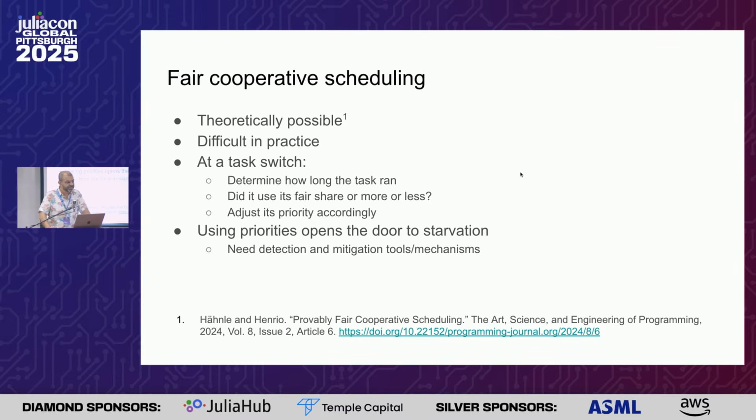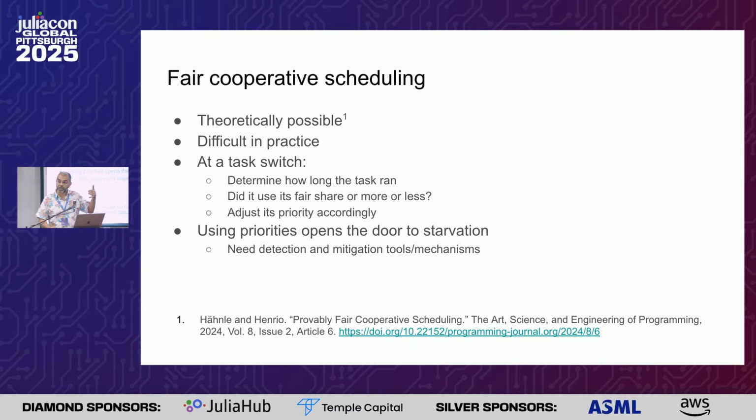So is there such a thing as fair cooperative scheduling? Well, theoretically there is, and any PL geeks here would probably really like this paper. It uses small-step structural operational semantics to prove that cooperative scheduling can be fair. But in practice, it's not that easy. You could say, at every task switch, we check the task we're switching away from: how much time did it use?